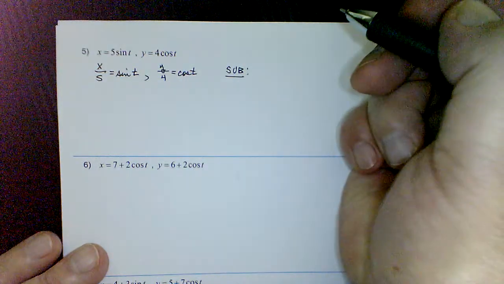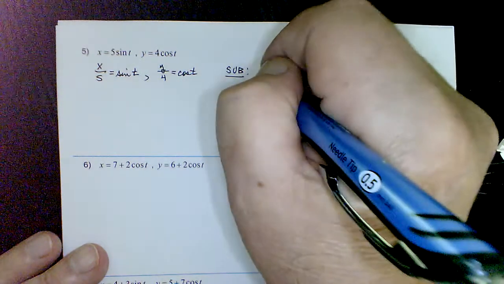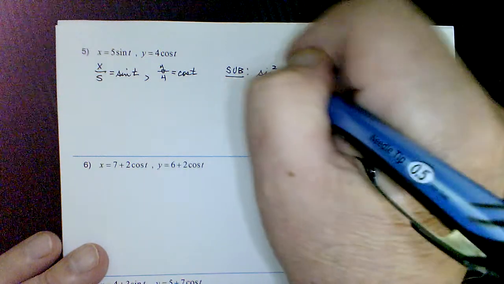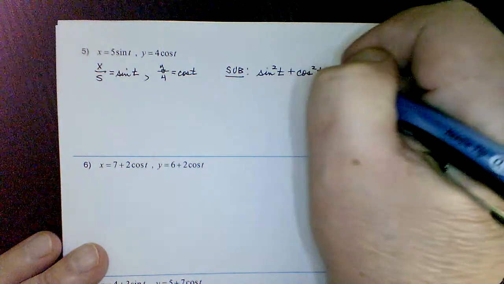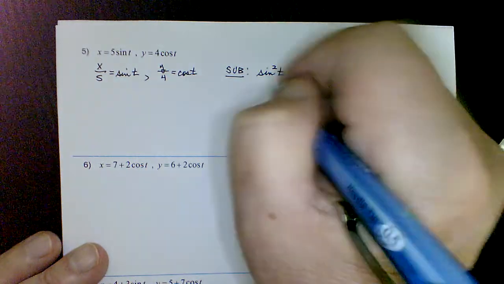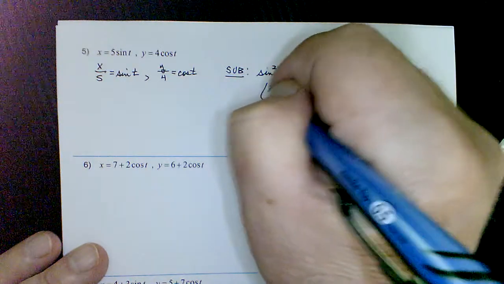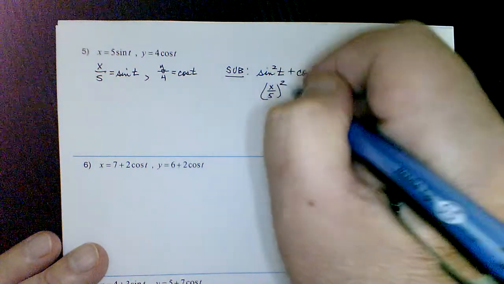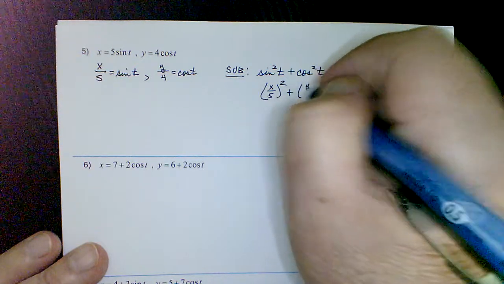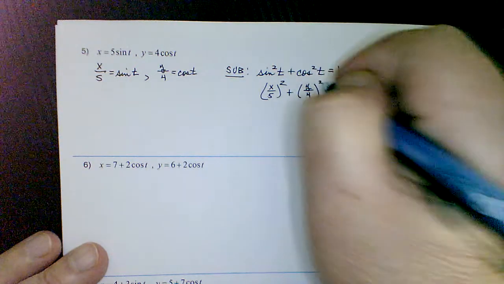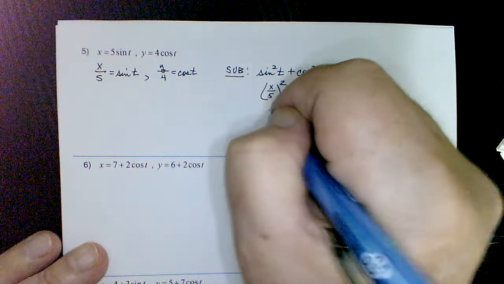And substitute. And so again, we're substituting into sine squared t plus cosine squared t is 1. And sine of t is x over 5, but that has to be squared, plus cosine of t, y over 4, that has to be squared, equaling 1.